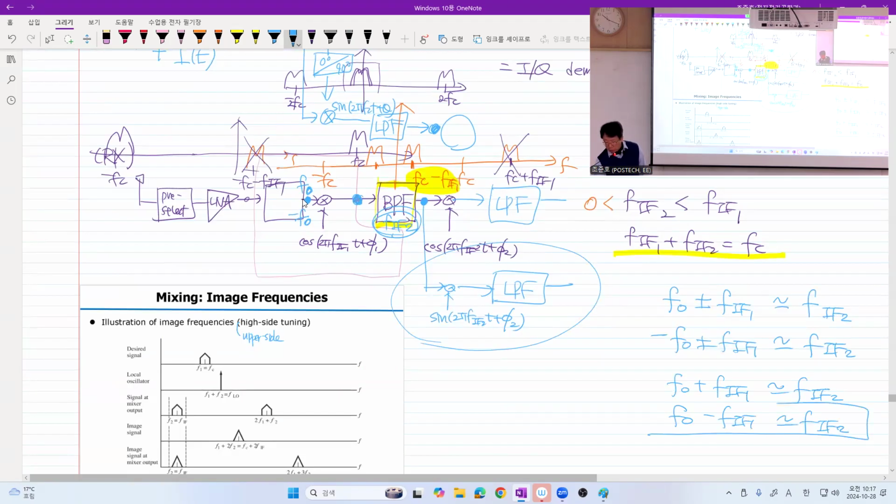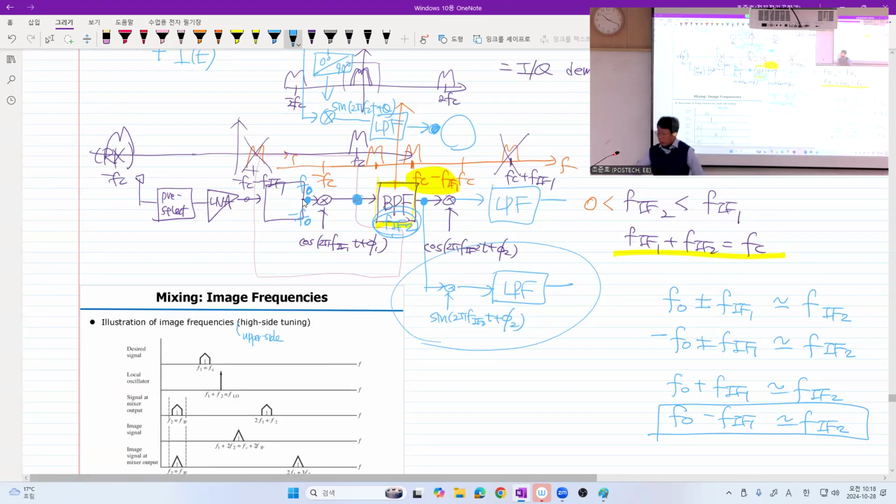Now, what about this one first? This is actually the desired case. So if F0 equals Fc, what does that mean? Our desired signal frequency component passes through this one. But what about this one?